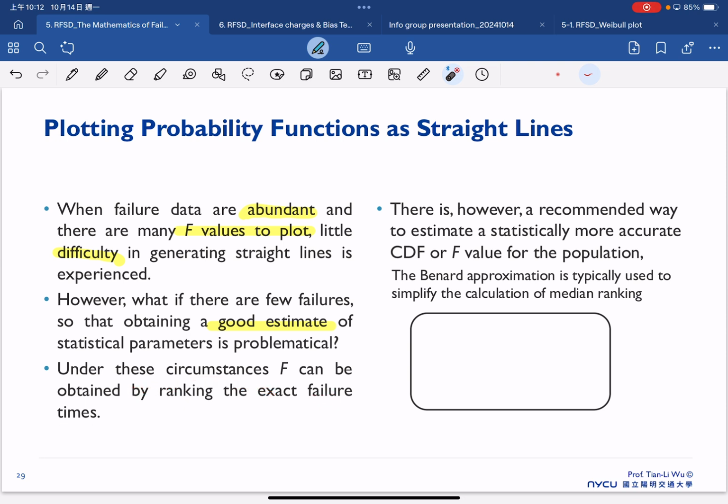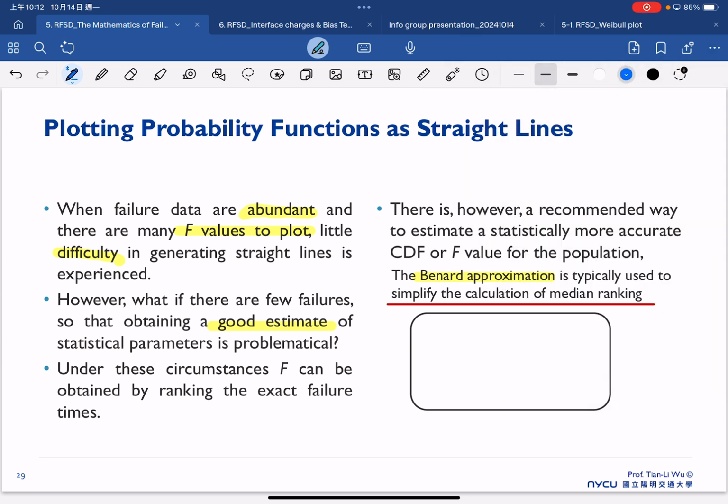This is a recommended way to estimate the CDF, or the capital F population, more accurately, and this is what we call the Bernard approximation. The Bernard approximation is typically used to simplify the calculation of the median ranking, and our equation is simply shown here.